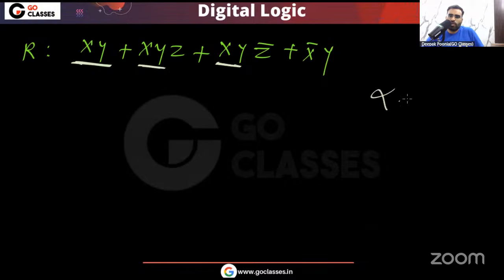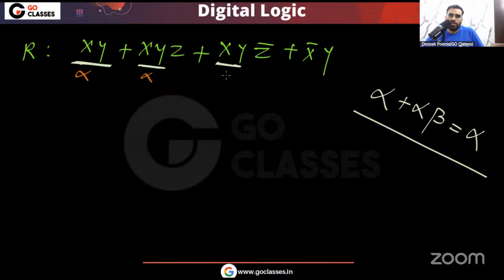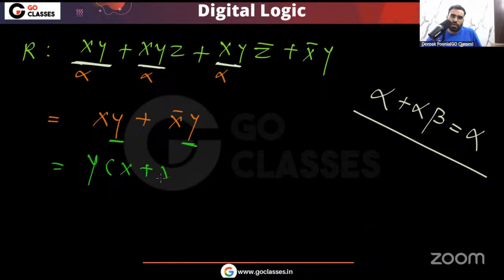You know the absorption property that alpha or alpha beta will be equal to alpha. This absorption property you can apply here. So you can see this is alpha. Okay, so it will simply become XY and these will be gone. Or X bar Y. So here you can take Y out. Inside you will get X or X bar, that will be 1. So finally I will get Y. So R equal to Y.